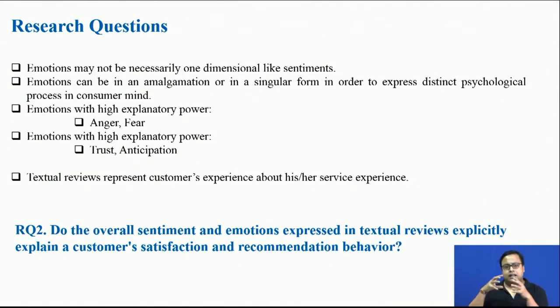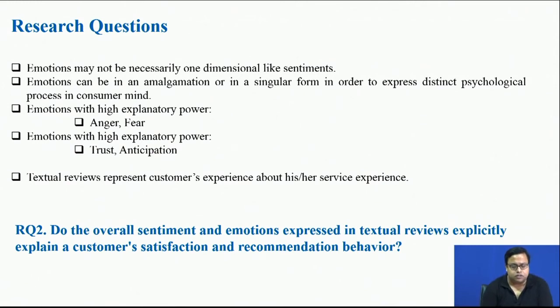So, what is the overall sentiment and emotion? Overall sentiment and emotion is exactly what we did in the last class. Pick up a particular review, find out the overall sentiment and 8 emotions. Emotions can be in amalgamation or in a singular form in order to express distinct psychological processes in the consumer mind.